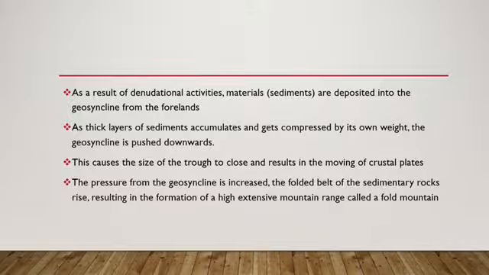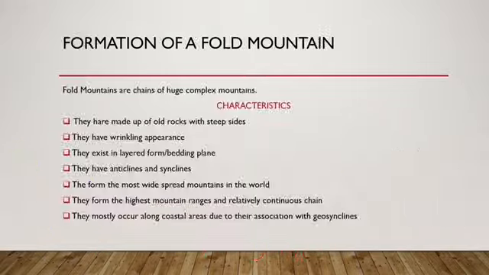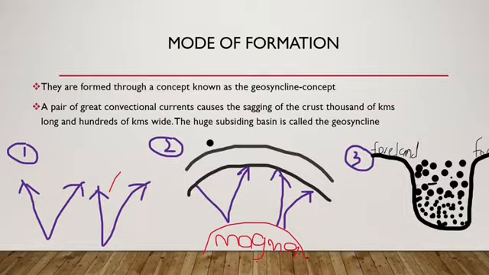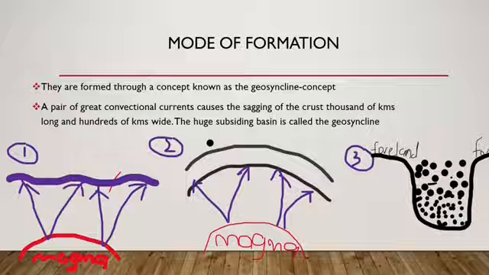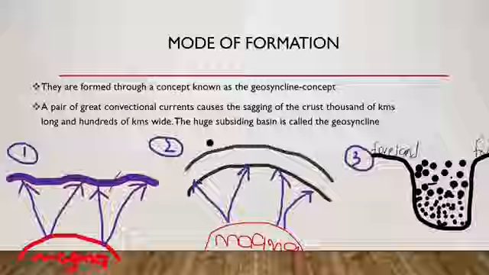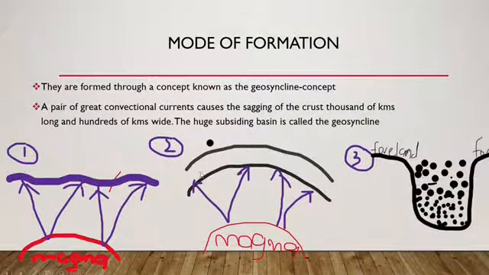And so it all begins with a geosyncline, the concept that we call the geosyncline concept. Convectional current will try to move away from the magma, and as it moves away, it forces the earth's surface to assume an arc-like shape.